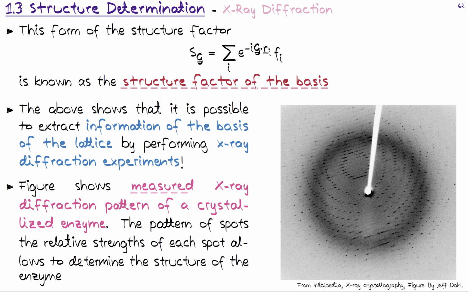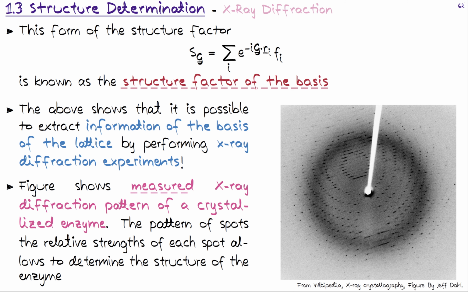But once you're able to crystallize your structure, your molecule, your protein of interest, then you can easily do X-ray diffraction experiments, and then you can extract the structure. The pattern shown here has different peaks, and those different peaks correspond to different reciprocal vector values G, and are related to this structure factor of the basis.